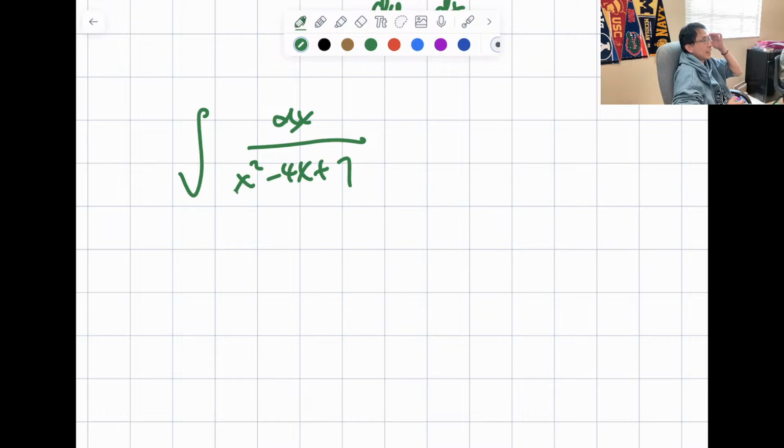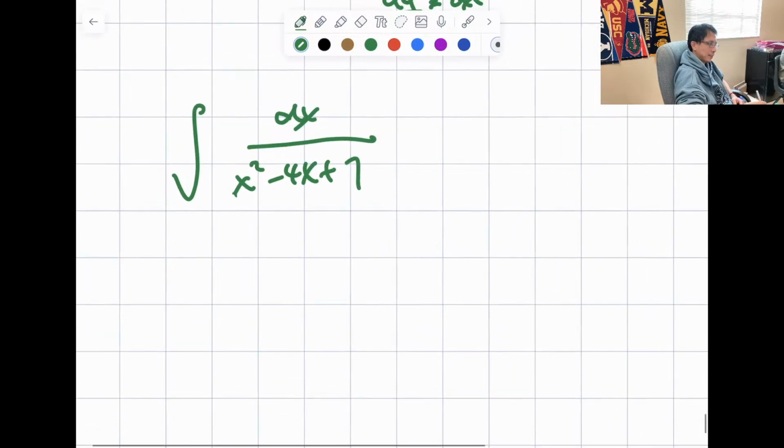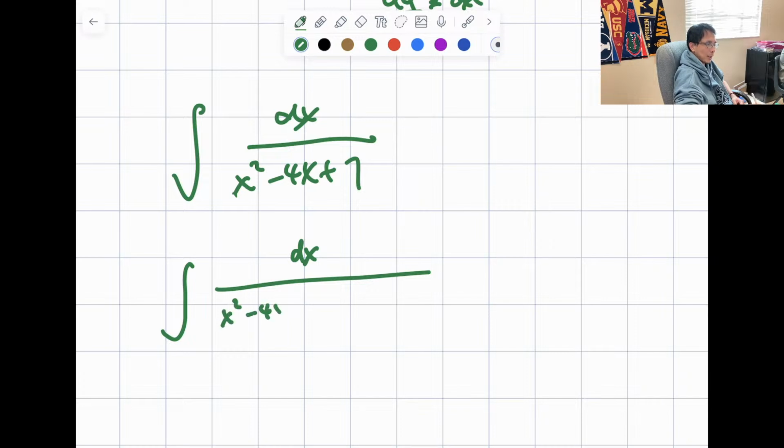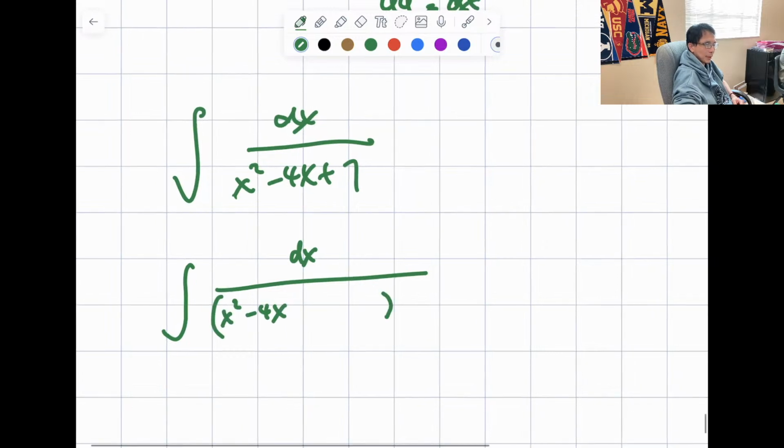So when you take the SAT, when you have the standard form of a circle, what are you supposed to do? Complete the square. Do you guys know how to complete the square here? Well, if I complete the square, I've got to make sure I do it right: x squared minus 4x, and I'll keep a parenthesis and keep some room, plus 7 like this.